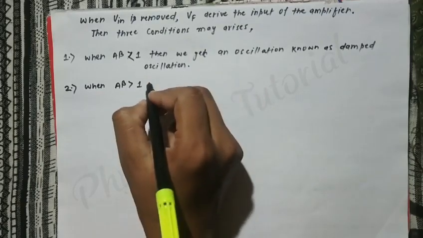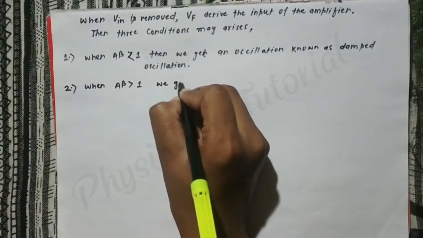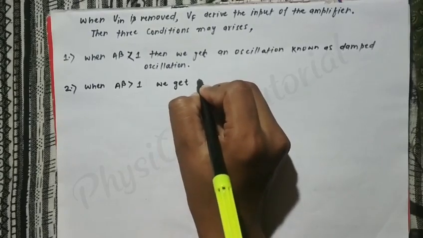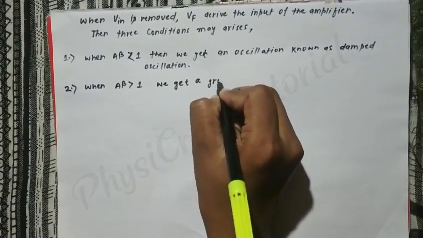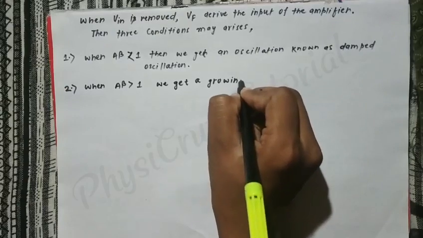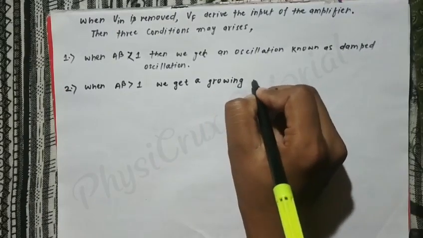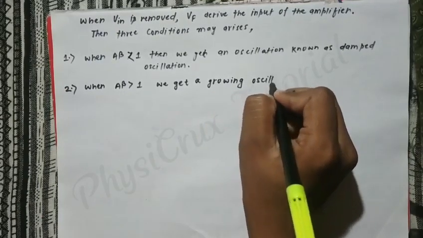And when A beta is greater than 1, we get a growing oscillation condition.